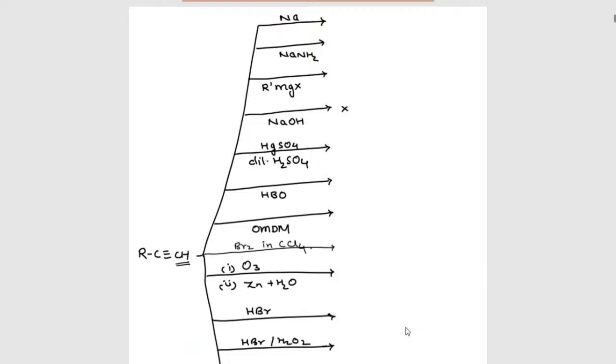As it is a terminal alkyne, let me classify that these three reactions are the acid base reactions given by terminal alkynes, as terminal alkynes behave acidic. Here, this is a cross, that is, it is a condition of no reaction that I'll discuss.